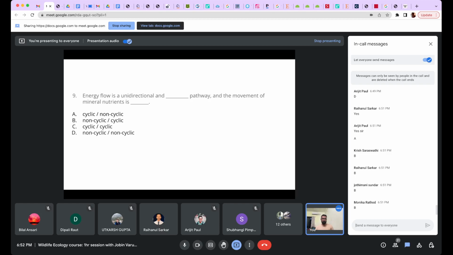Okay, so the question is: energy flow is a unidirectional and dash pathway, and the movement of mineral nutrients is dash. Options are cyclic, non-cyclic; non-cyclic, cyclic; cyclic, cyclic; or non-cyclic, non-cyclic.